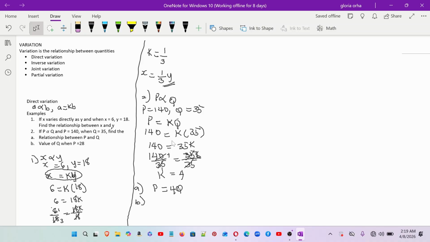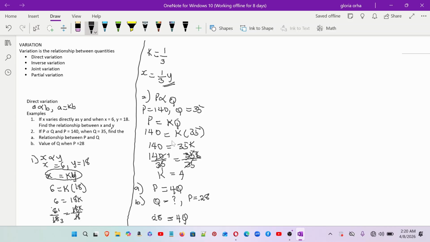So question B, they say we should find Q when our P is equal to 28. We are not given Q. So go back to this relationship. Our P is given, which is 28, but we are not given Q. So 28 equal to 4Q.